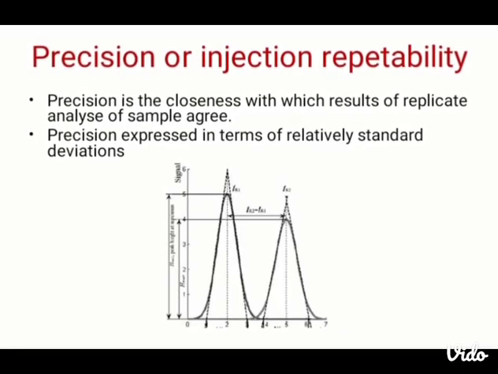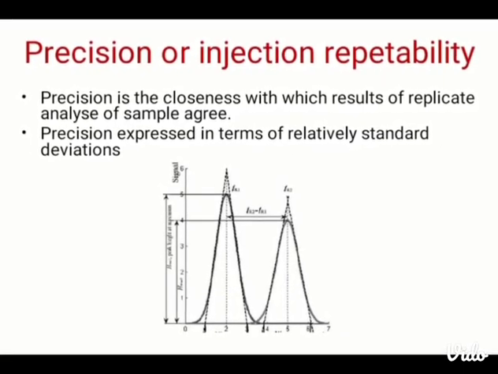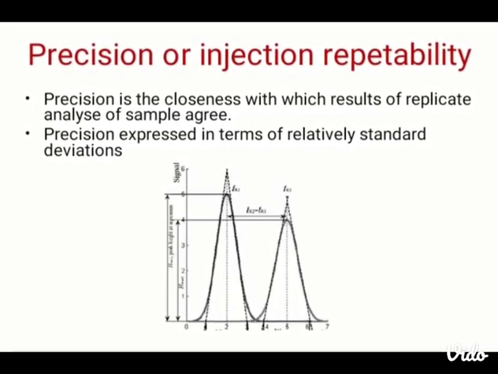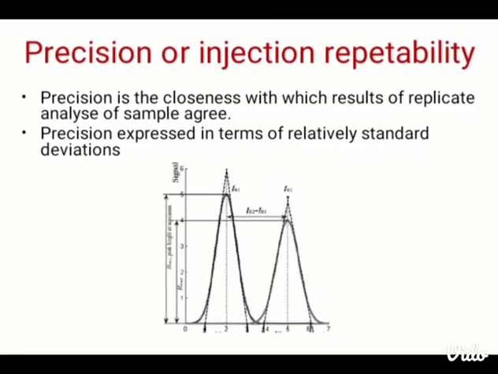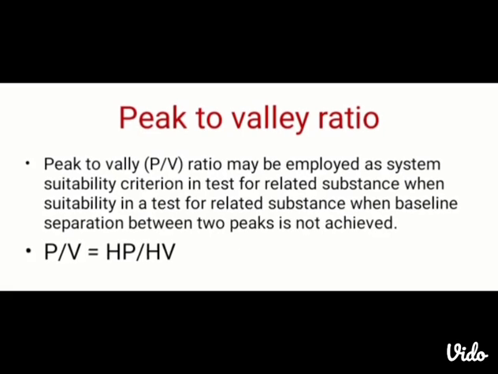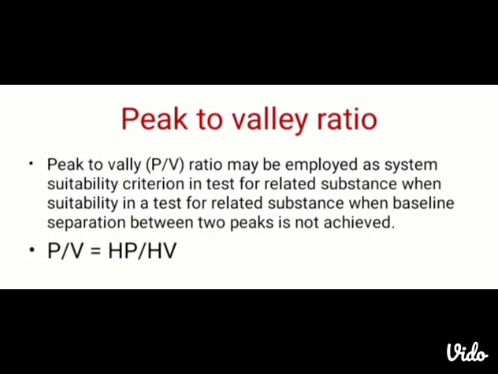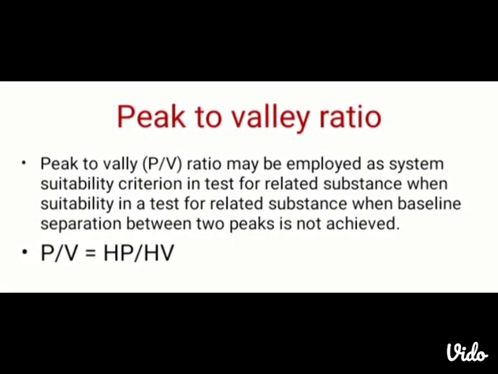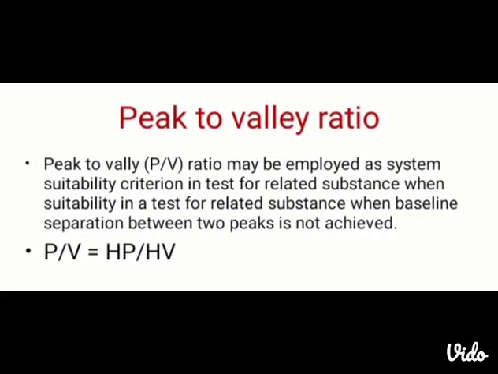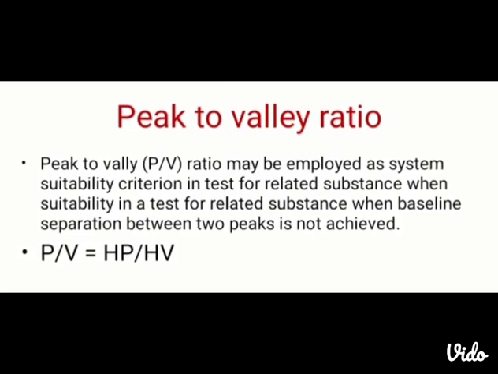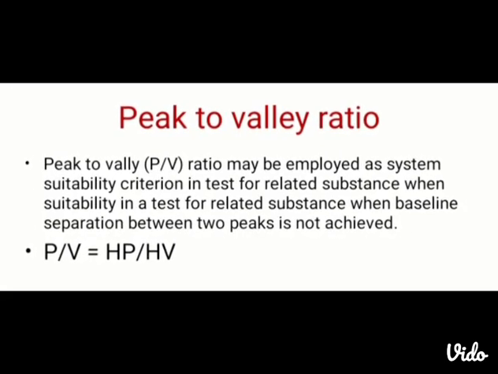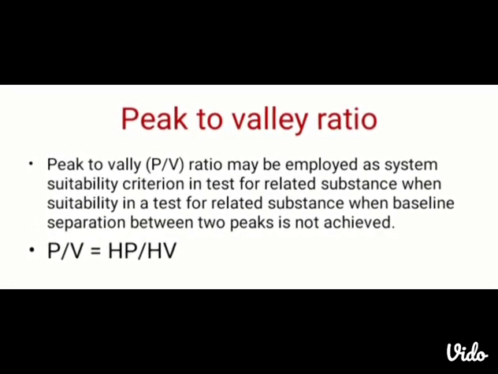The graph gives an idea of the peak references given here, and the relative retention is denoted by alpha. So alpha is equal to tR2' upon tR1', that is, k2 upon k1. That is the selectivity factor, or it is also called selectivity.